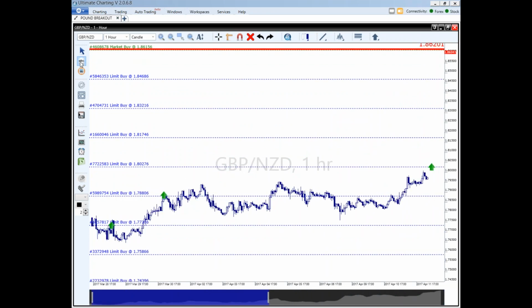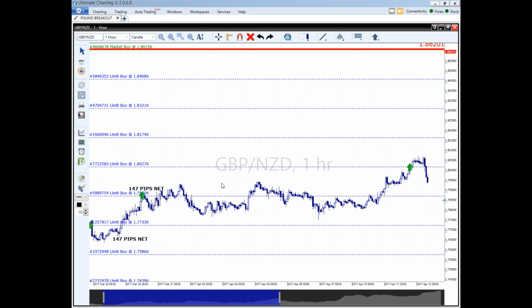This is how this would have worked out for us. 147 pips. Net right there.